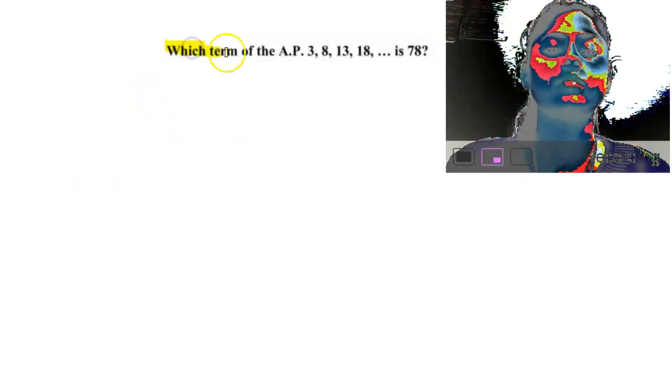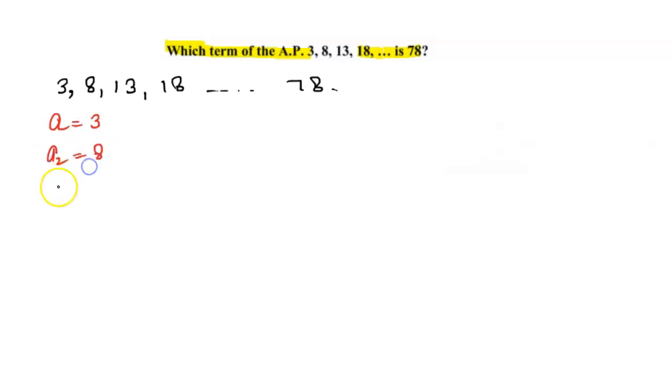Question is, which term of the AP 3, 8, 13, 18 up to 78? So here the AP is 3, 8, 13, 18 up to 78. Now in this AP, the first term is 3, the second term is 8, the third term is 13, and so on.